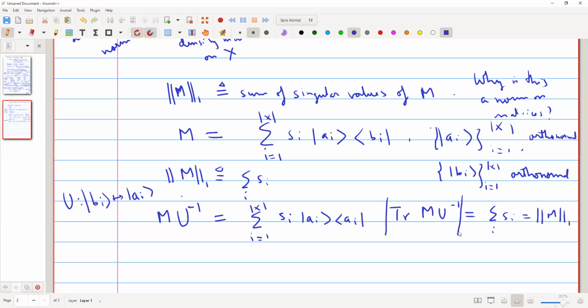I said that I want to come up with an alternate characterization of the Schatten L1 norm. So start off with the matrix M. I've shown that there is a unitary U such that the trace of M U inverse is equal to the one norm of M.